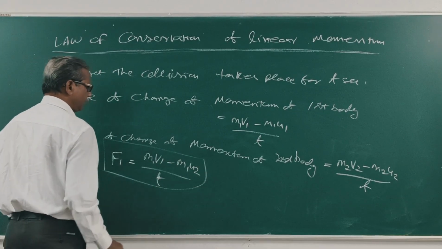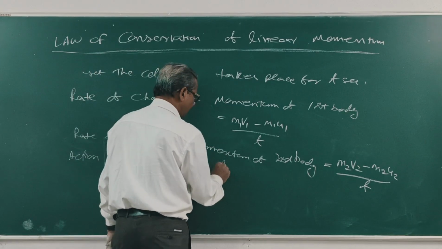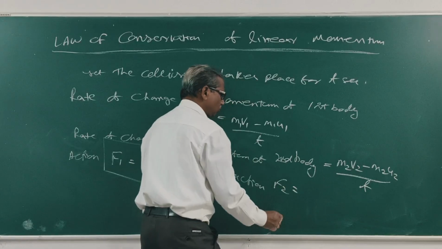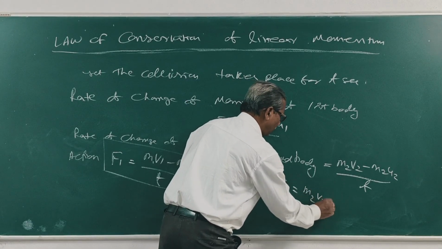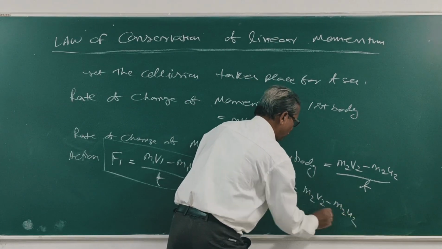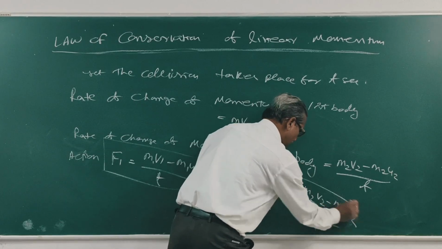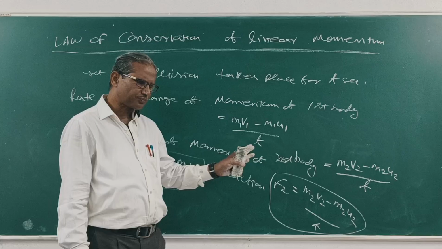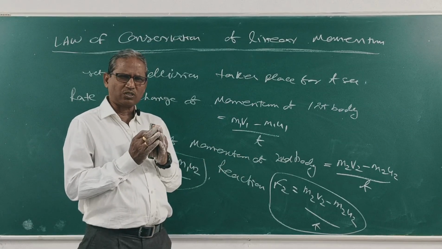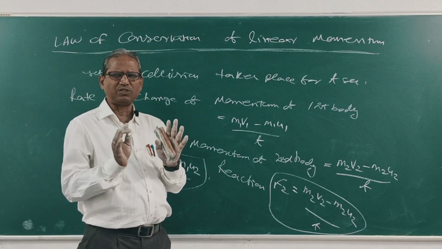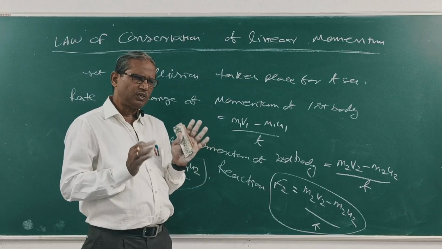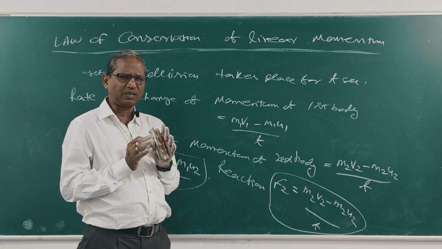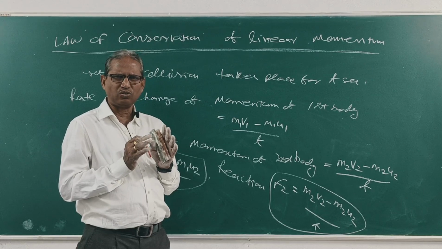Similarly, reaction F2 is equal to (m2 v2 minus m2 u2) by t. So according to Newton's third law, every action has an equal and opposite reaction, that is, action plus reaction is equal to 0.